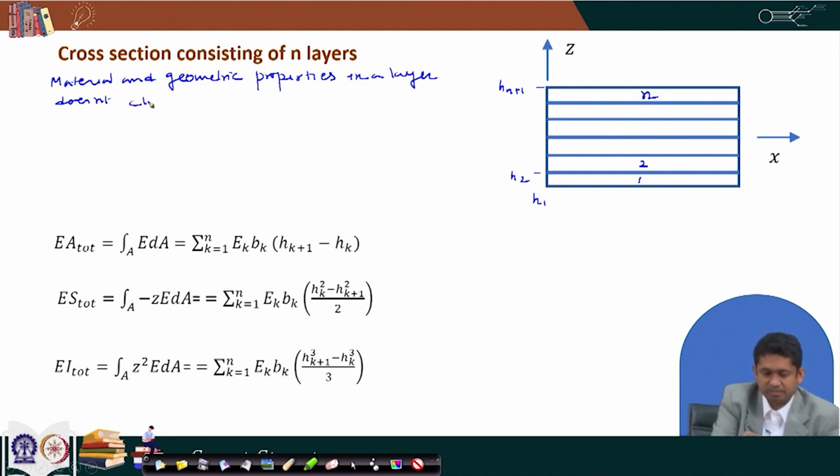So, they do not change. Two layers can have different properties.